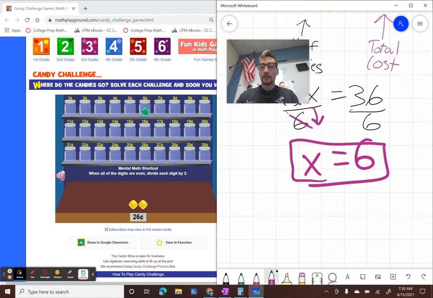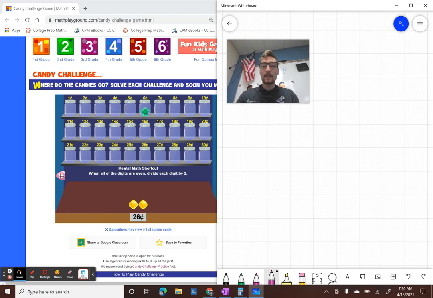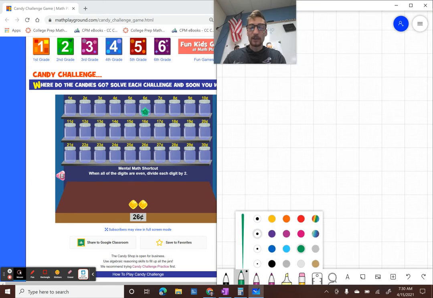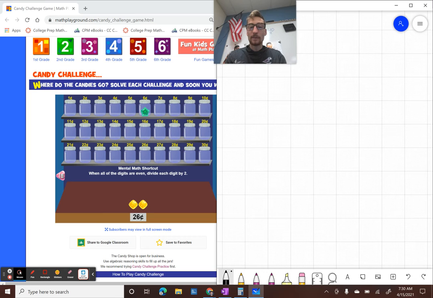Now let's go ahead and do another. So this time I have 2 pieces of candy, and they equal 26 cents total. And this time it's in yellow, so I'm going to do it in yellow, okay? Here we go. How many pieces of candy do I have? I have 2. What can I use to represent the missing cost of them? I could use x.